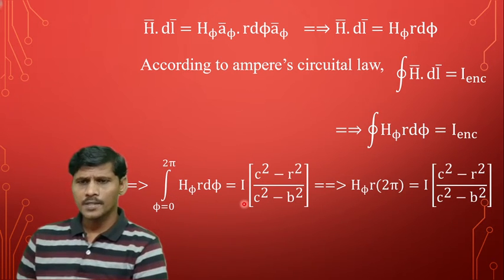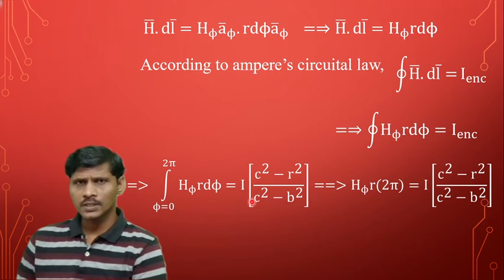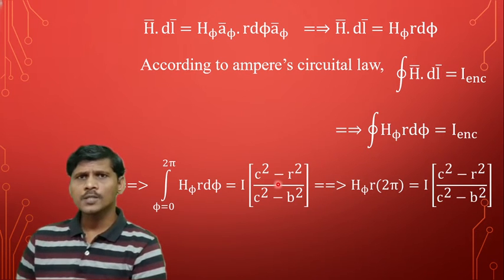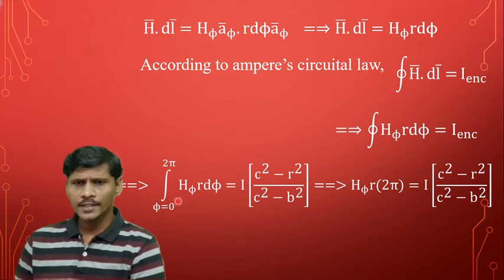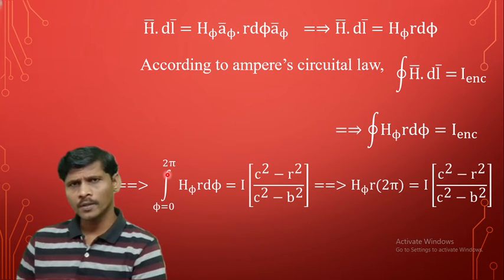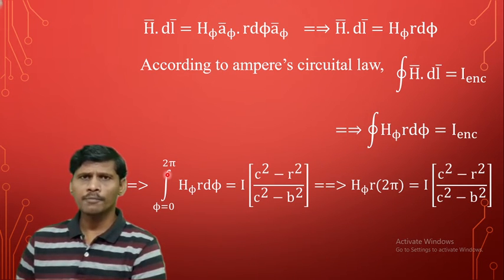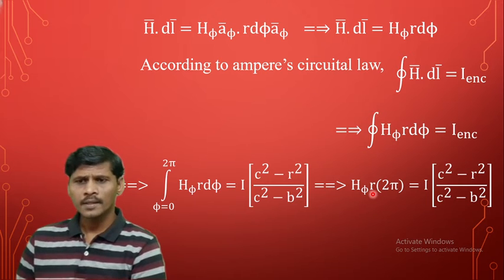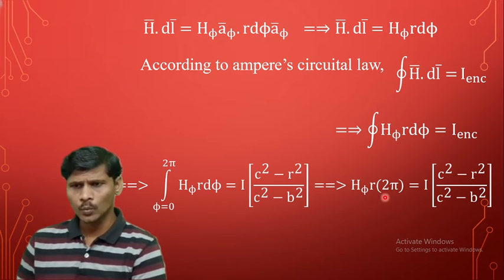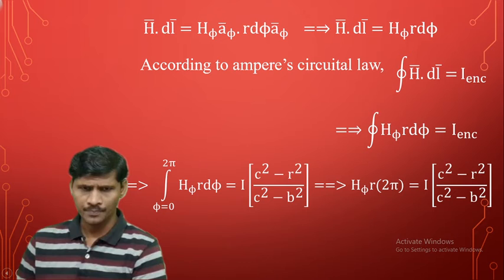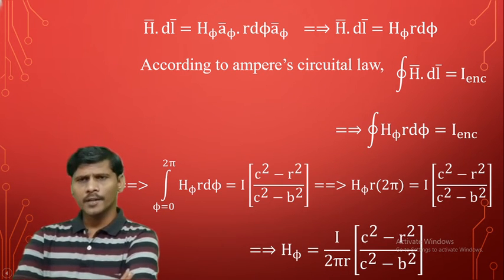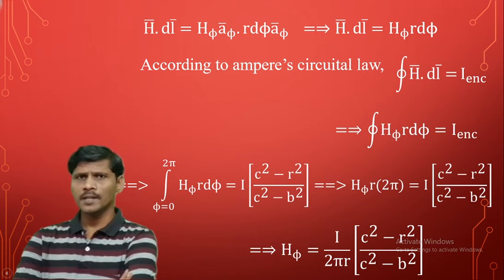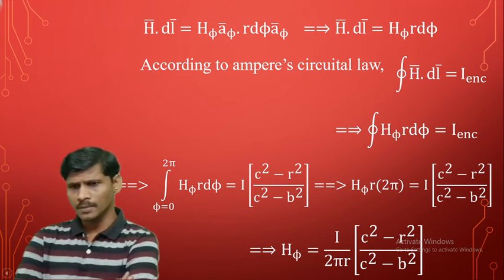H phi r d phi is equal to the enclosed current, which in this case is I into (c square minus r square) by (c square minus b square). Integrating on the LHS, the integral of 1 d phi over 0 to 2 pi, applying the upper and lower values of phi, we get the LHS term as H phi r into 2 pi, equal to the RHS term. So H phi is equal to I by 2 pi r into (c square minus r square) by (c square minus b square).